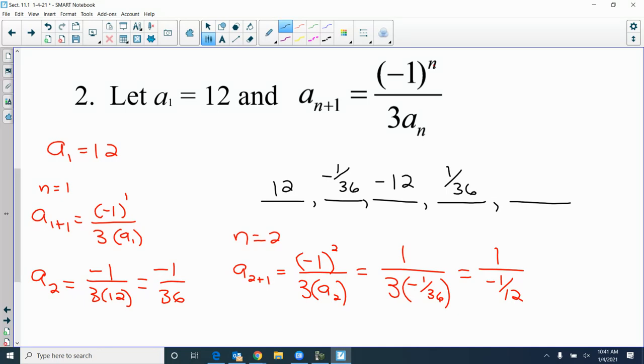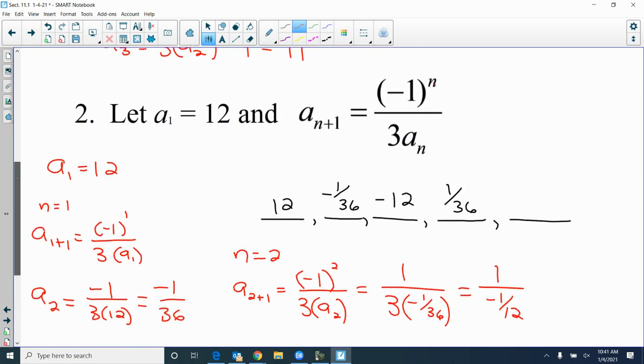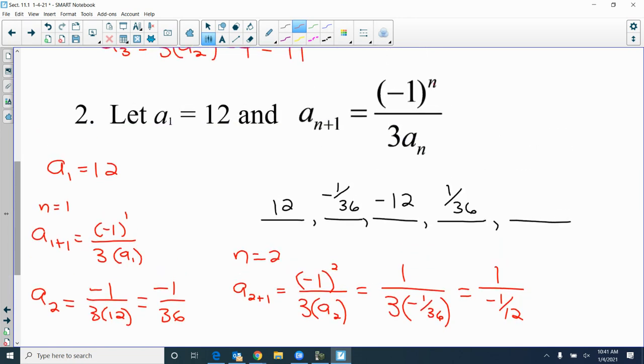Plug in 1/36 where it goes. Now watch, you got that negative 1 to that power. This would be for the fourth term. So in this case, a sub 1, a sub 2, actually got to use n equals 1, n equals 2, 3, n equals 4.